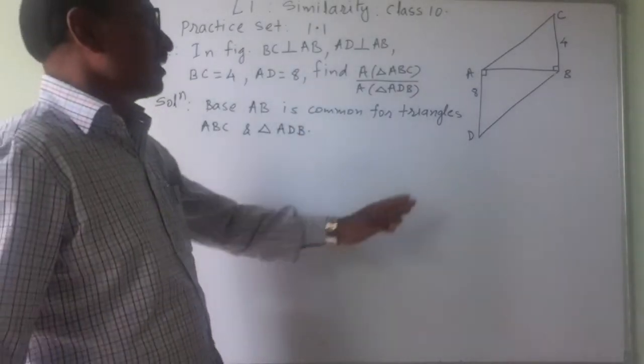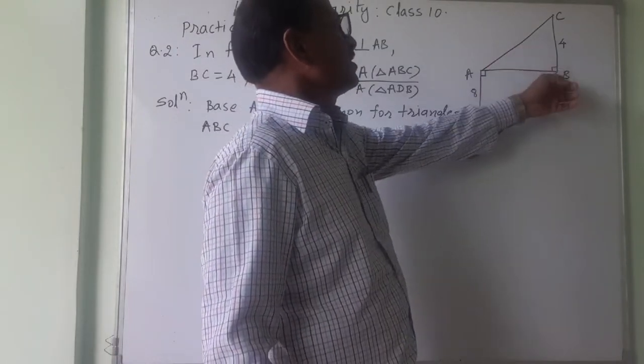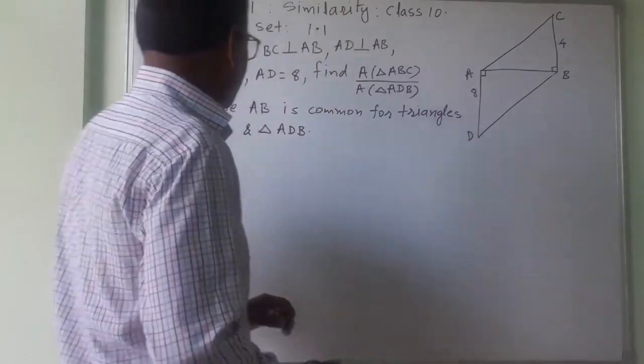The base is common. I have taken AB as the base. If AB is the base for this triangle, BC will be the height. And for this triangle, AD will be the height.